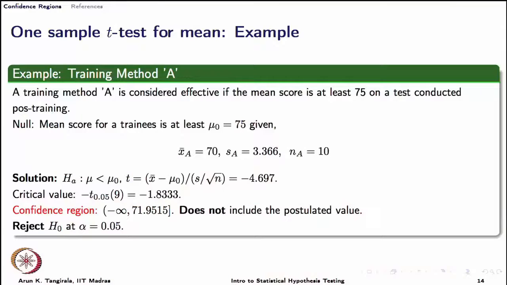What are the possible truths? Anywhere from minus infinity to 71 point something. It is a very wide confidence interval, but at least it is not wide on both sides. That is very important. At least one bound should be finite. So, with 95% confidence I can say the truth is anywhere between minus infinity and 71 point something.